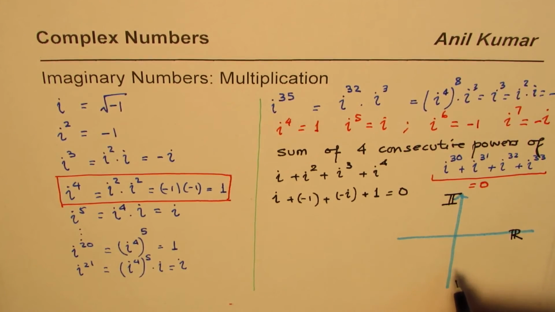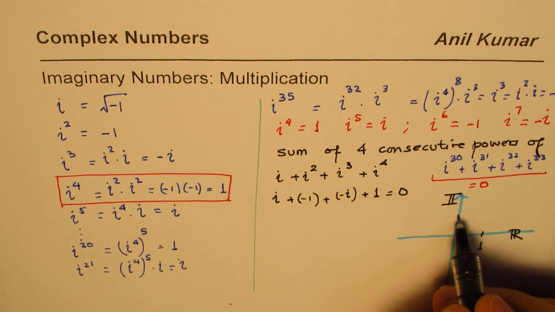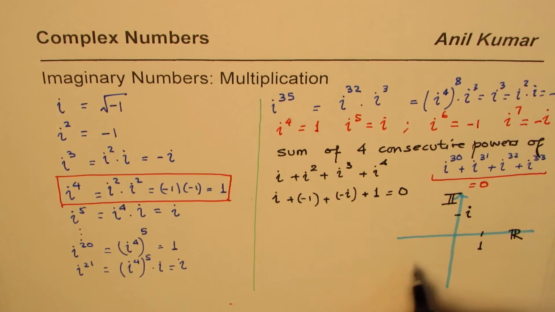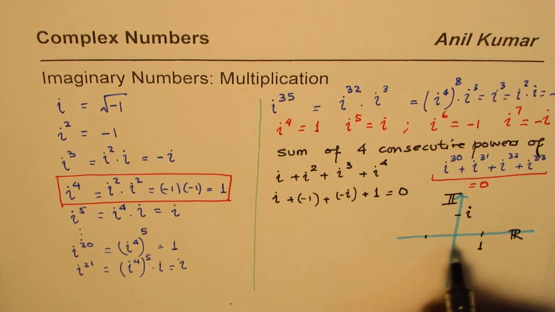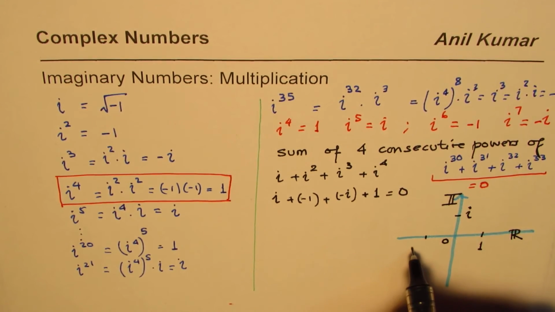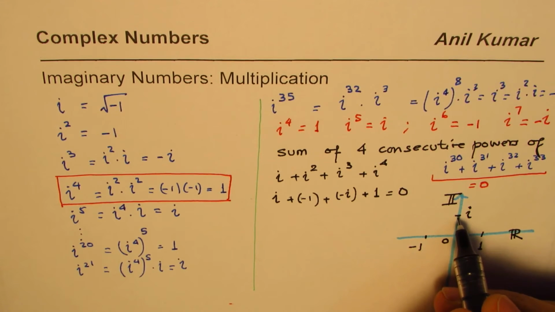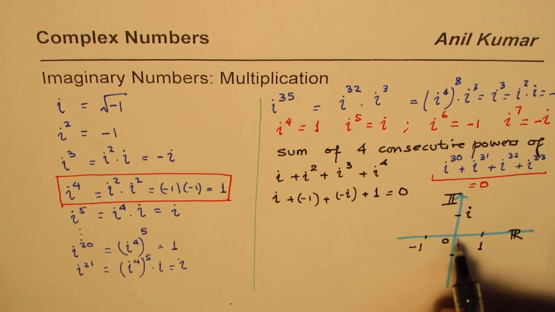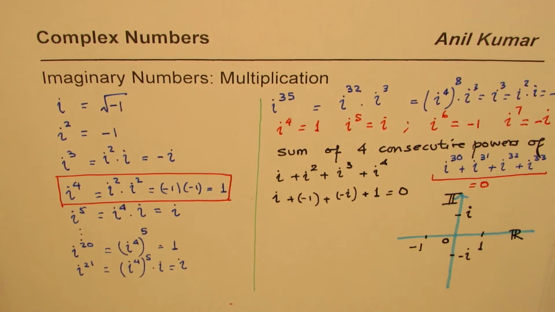This is i. So let us say this point here is 1, then this will be i, right? And on the left side of this origin, we have minus 1, and downwards we'll have minus i. So that is how we can represent imaginary numbers on our imaginary plane, right?